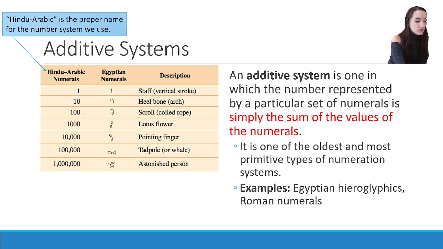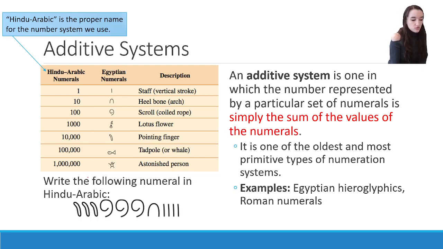Notice that we only have representations of powers of 10: 10, 100, 1,000, 10,000, etc. It's because we can then use these representations and add up. If I wanted the number 30, I would just need 3 10s. If I wanted the number 700, I need 7 hundreds. So I can write 7 scrolls in a row.